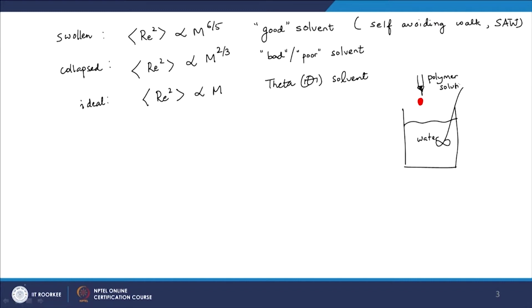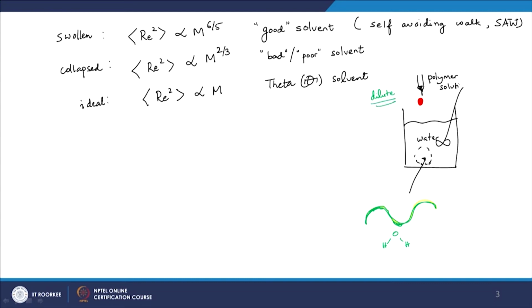And if I zoom in anywhere in the system, what essentially we will have is a polymer chain that is present with water molecules, okay. And let us say it is dilute.